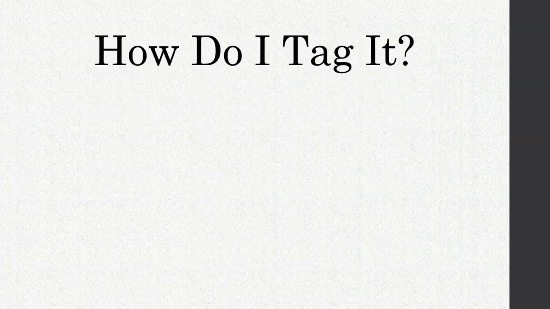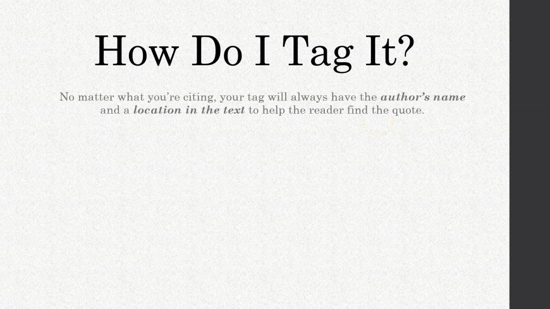So let's take a little bit of a look at the differences between different sources. So no matter whether you're citing a web page or a video or an image, you do want to always include a citation tag that includes the author's name and the location in the text if available.